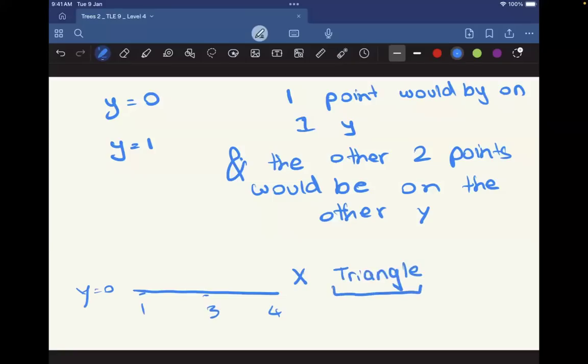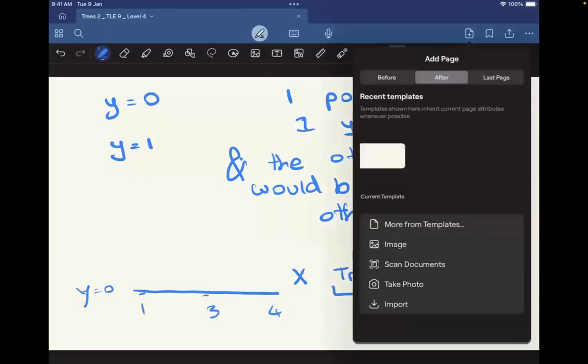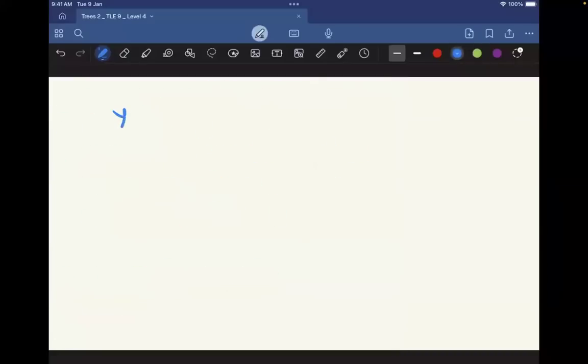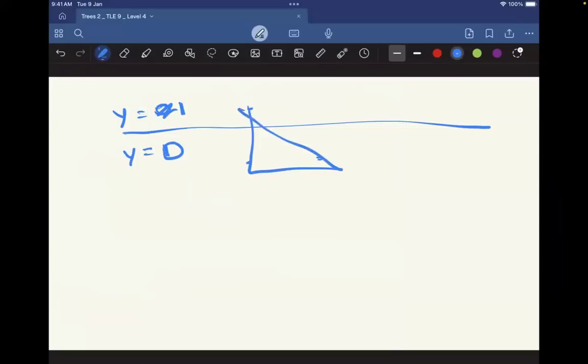This is the basic case for a triangle, guys. What do I mean by this? If y is equal to 0 or y is equal to 1 here, let's say this is 0 and this is 1. So either 1 point is here and 2 points are here, so it becomes like this. Or 2 points are here and 1 point is here. And it can be in any direction. These are the sort of triangles I can make.